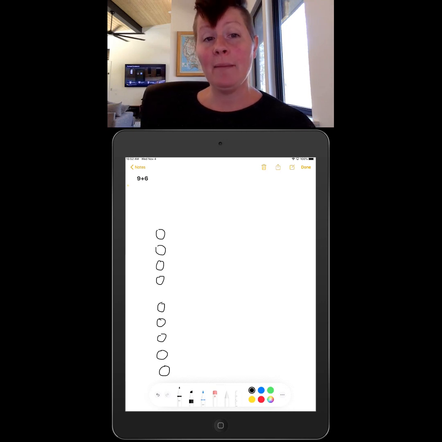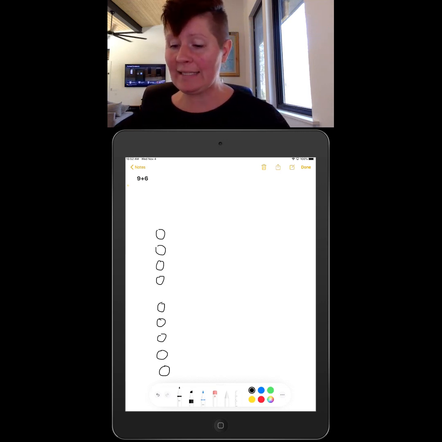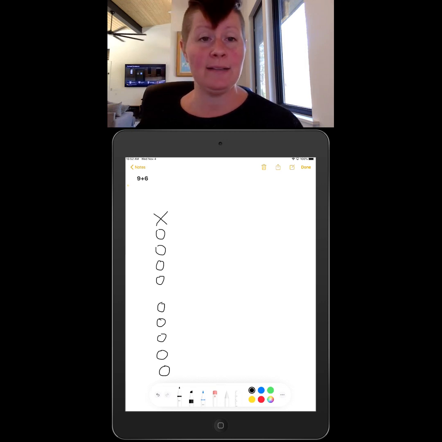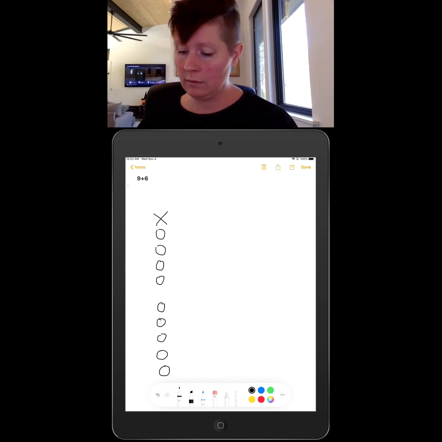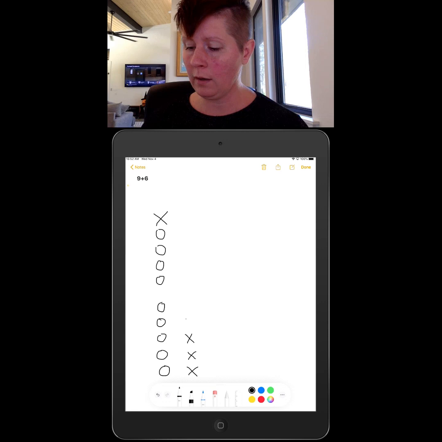I'm not there yet because I only had 9, but I'm adding 6 more. When I add 6 more, I want to see that as a different symbol, so I'm going to use an X. I'm starting at the top to finish my 10 stick, so that's 1. And then I'm going to start a new 10 stick: 2, 3, 4, 5, 6.